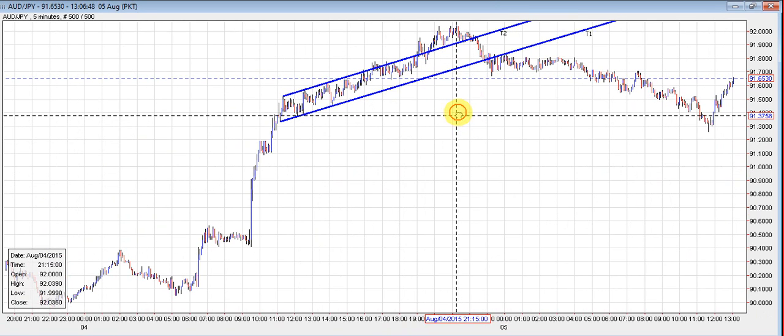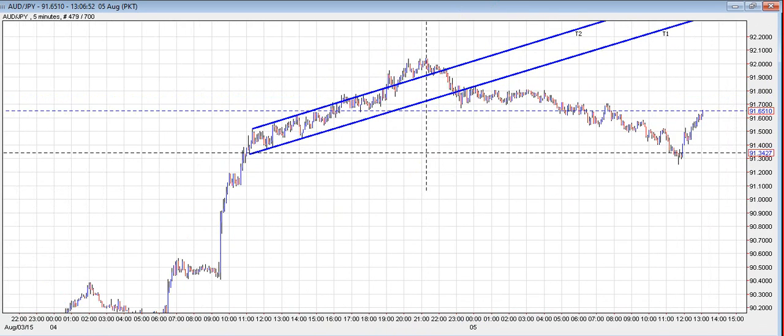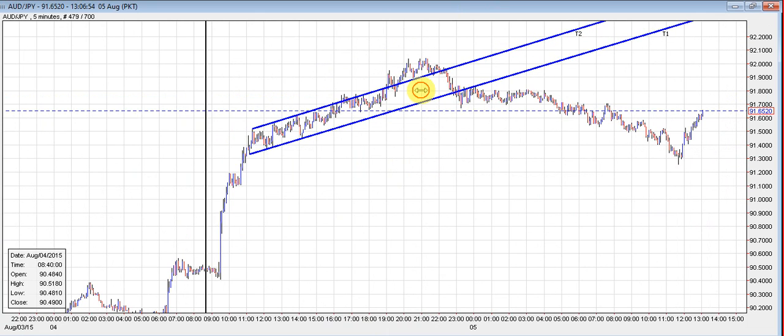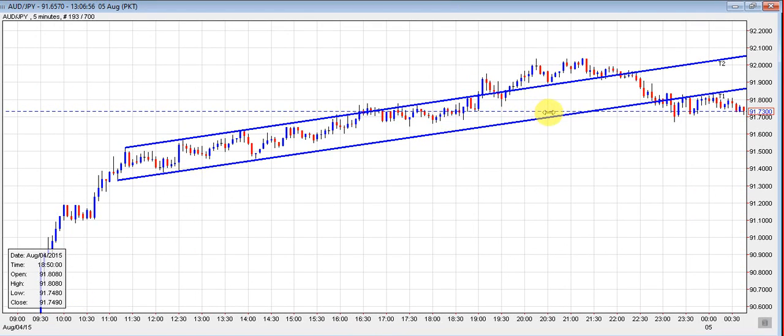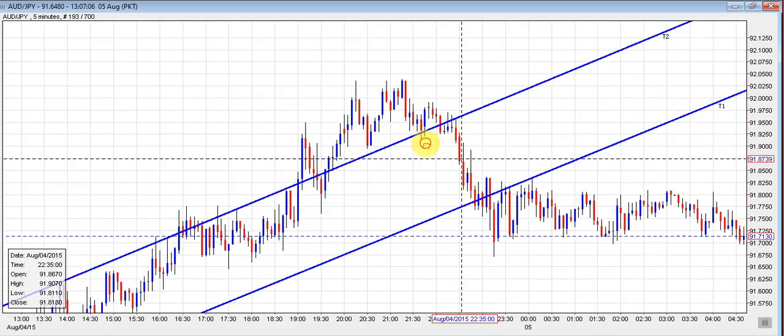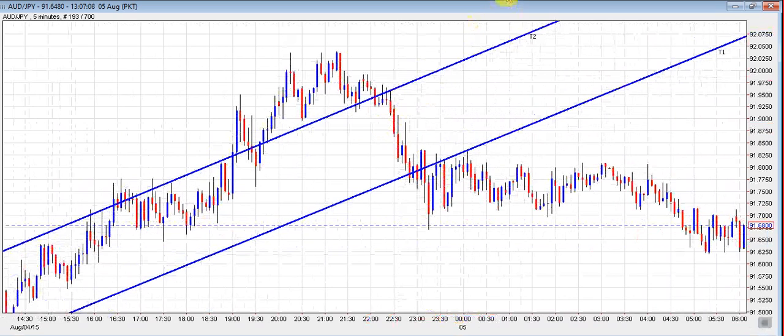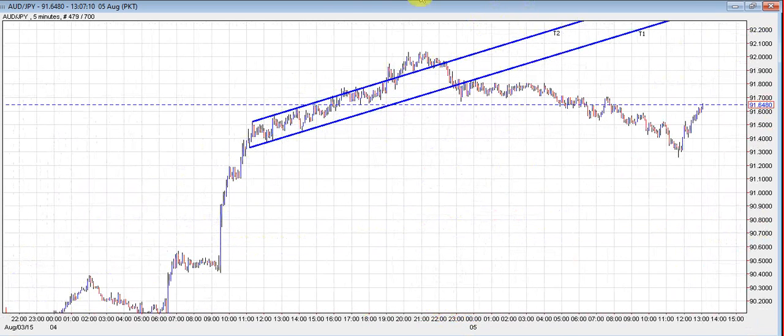How was I tracking it? So this told me enough that I need to get out. I need to get out and wait for a break under, if I still want to stay with the shorts.